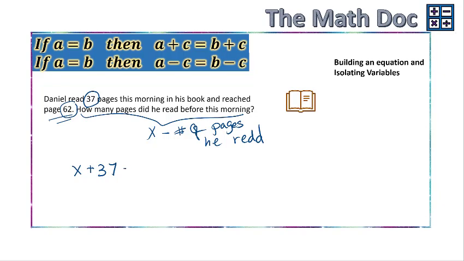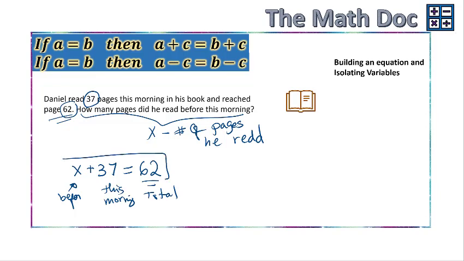So that is the total number of pages he read. So the total equals before plus this morning. So this is the way we formulate this word problem into a mathematical sentence. So this is our equation for x.